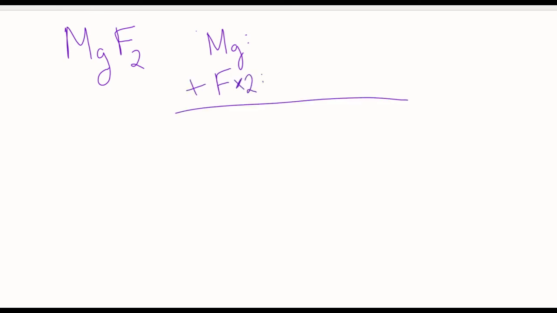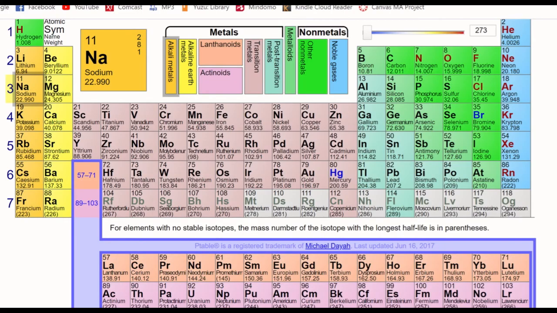But what if we have something that has more than one of the elements in it? What if we have MgF2? That just means we're going to have one magnesium, and we're going to have fluorine, and we're going to multiply that by 2 because now we have 2 of them, and then we're just going to add that together.